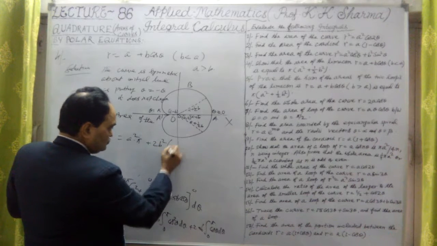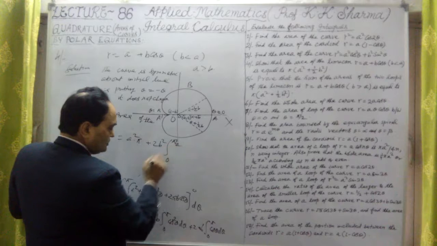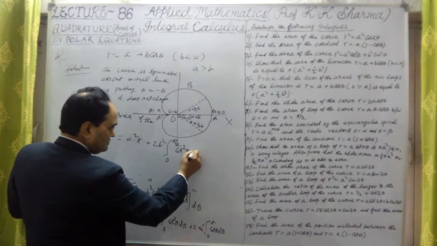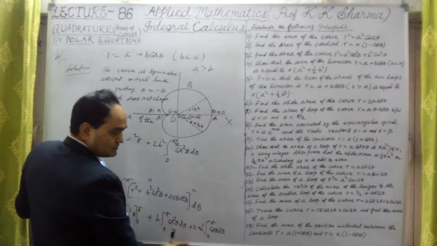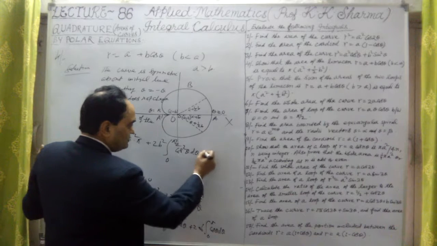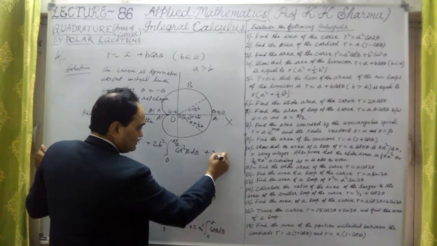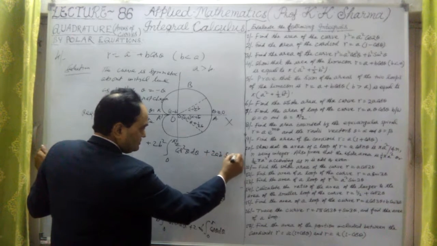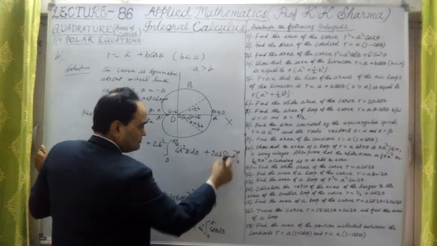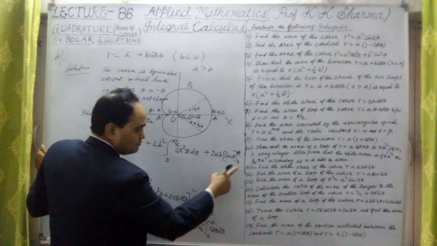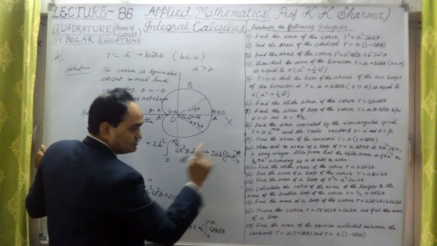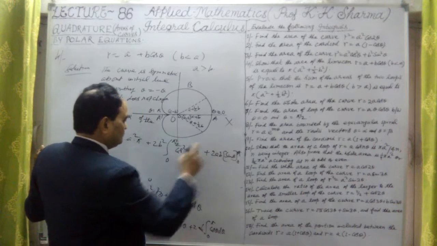Okay, this is 0 to pi by 2 now, it is cos square theta. Now we can apply the reduction formula here. This is twice ab into sin theta, 0 to pi at both limits 0 and pi, this sin theta is 0, so this value is 0.